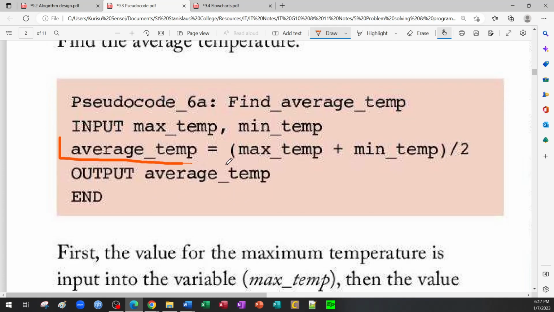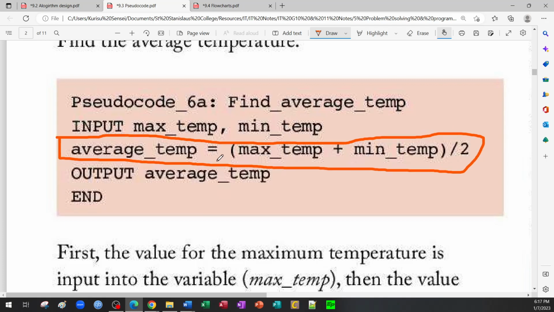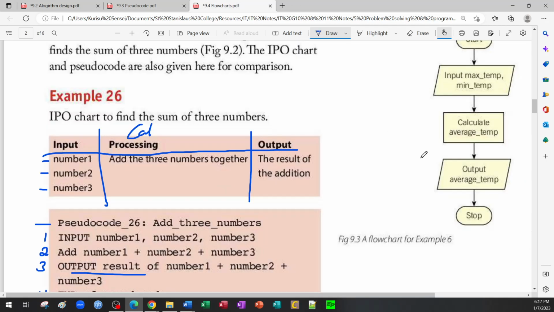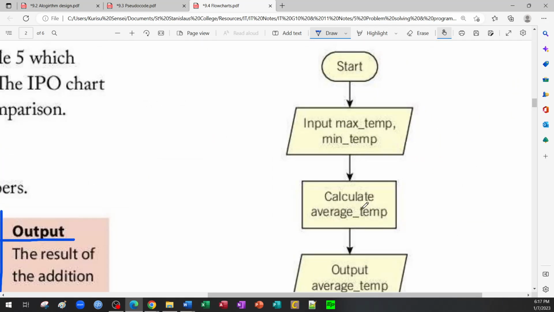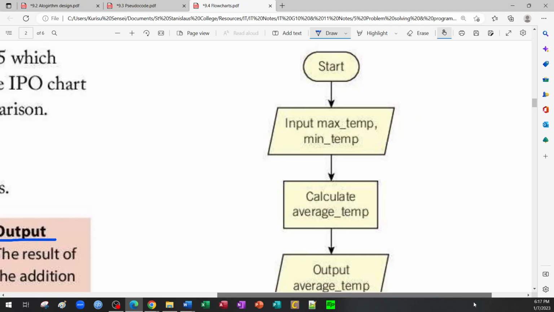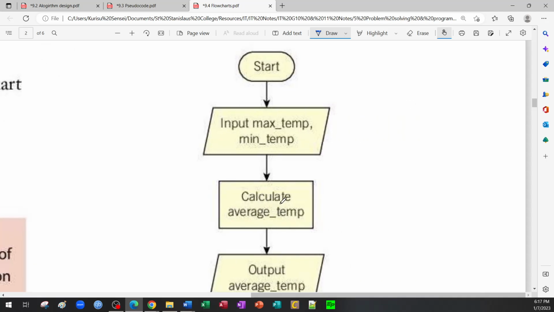We would have had to put the complete formula, max temperature plus min temperature divided by 2, and then store into average temperature. But as you can see here, it's not necessary, as they mentioned, to put that calculation inside of this process symbol here.